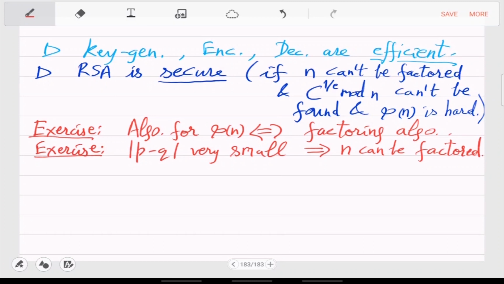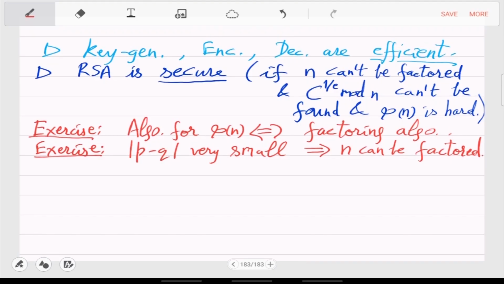Okay, in particular, suppose P and Q are twin primes, right? Q is P plus 2. So the difference of them is just 2. Can you factor n in that case? Right, because you set up a quadratic equation. P times P plus 2 is equal to n. And from the quadratic equation, you will find P. So the same thing works to some extent.